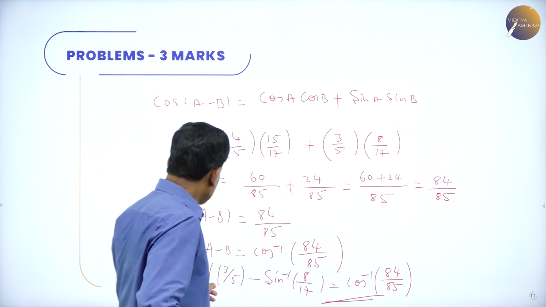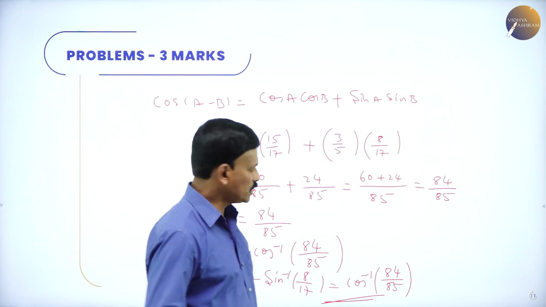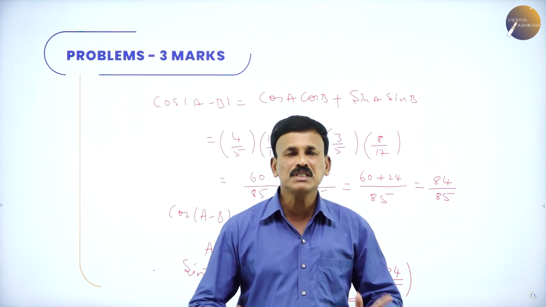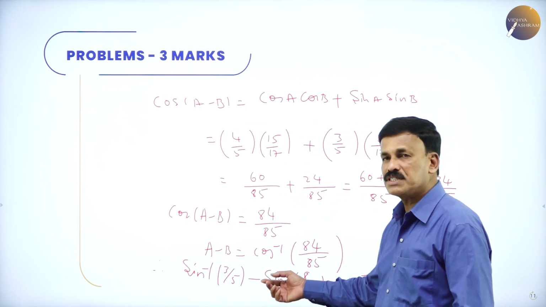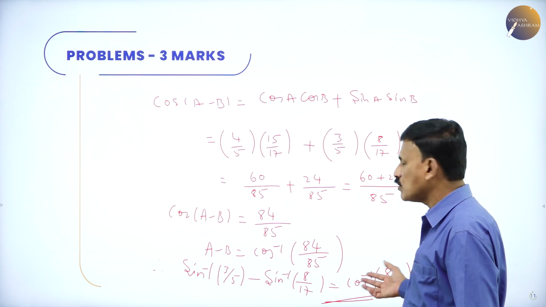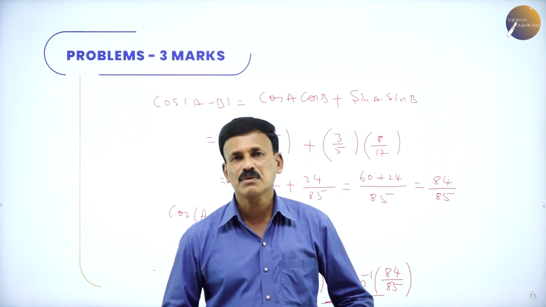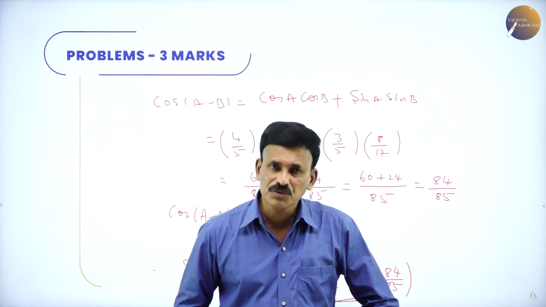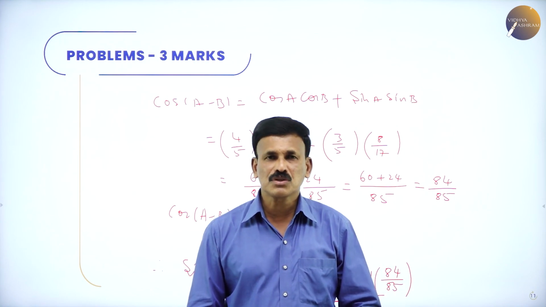That means sin inverse 3 by 5 minus sin inverse 8 by 17 is also equal to cos inverse of 84 by 85. This type of problems can easily be solved using the formulas. There is a relation for sin inverse x minus sin inverse y, equal to cos inverse of x into root of 1 minus y square plus or minus y into root of 1 minus x square. Using that formula you can solve this type of problems. Okay, that is the shortcut method.